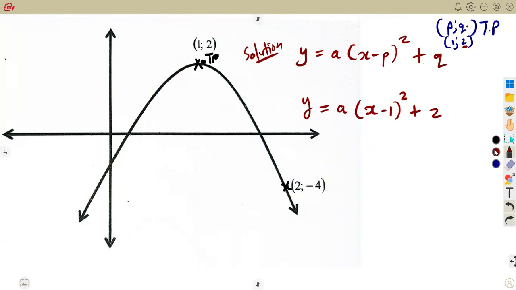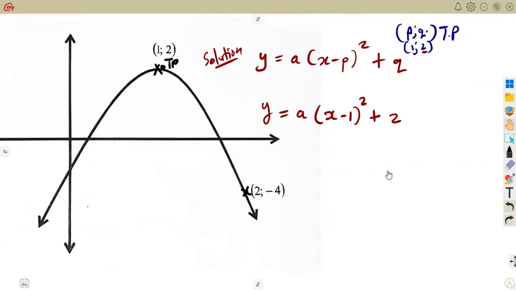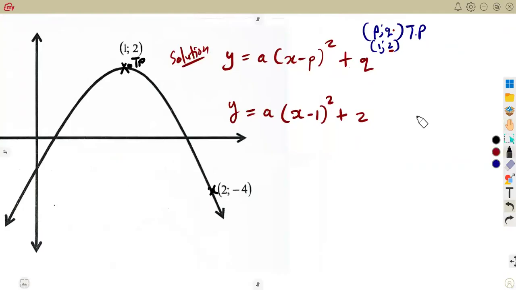As you can see, we still have an unknown, which is a, that has to be calculated. How are you going to get the value of a? That is by substituting any point that you'll be given. From the point (2, -4), just like in our previous case, it represents the X and the Y value at the same time.